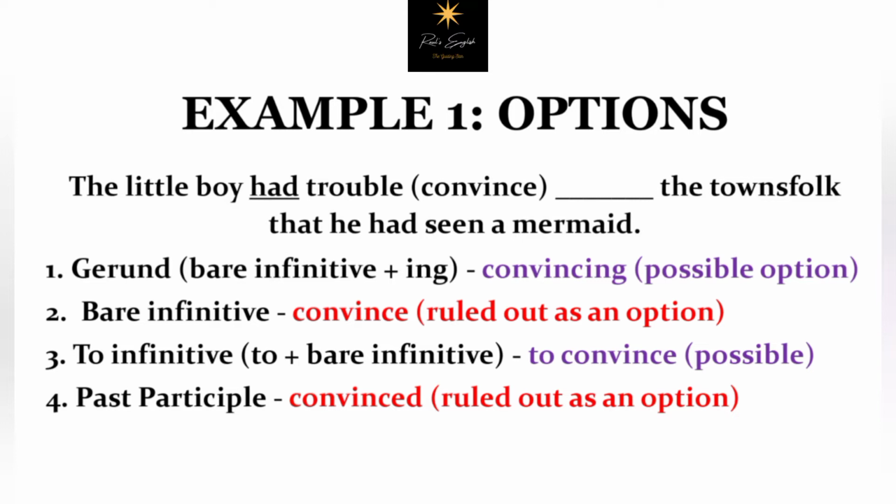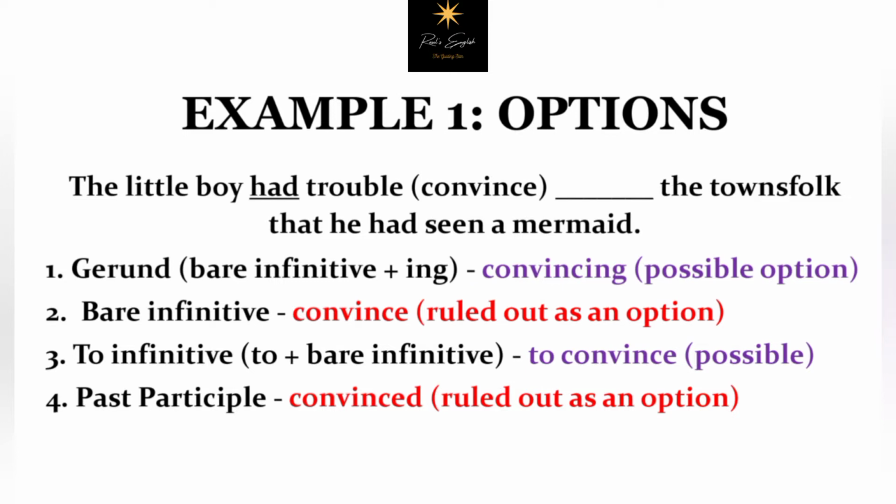They do not change the tense in any way. That's also one more reason I have ruled this out: if I do insert convinced over here as the past participle, this sentence is incorrect because you cannot have one verb over here and then a second one over here. It does not make any sense at all. It in fact spoils it. Hence we have only 2 options: to convince, and convincing.